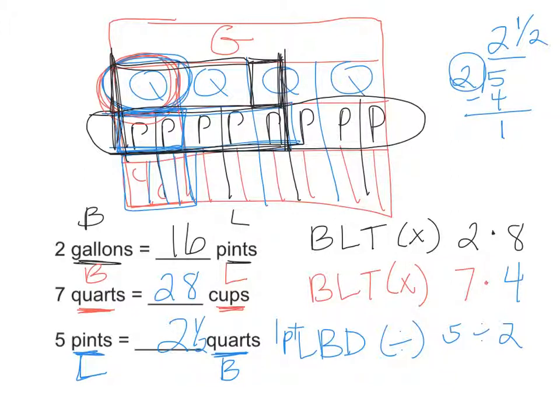And the other way I could have solved this is instead of as a fraction, I could have used a decimal. So after I subtract, I would have added a decimal and zeros. And 2 goes into 10 5 times. And I know that 2.5 is the same as 2 1/2, which is also the same as having 2 whole quarts and 1 pint.